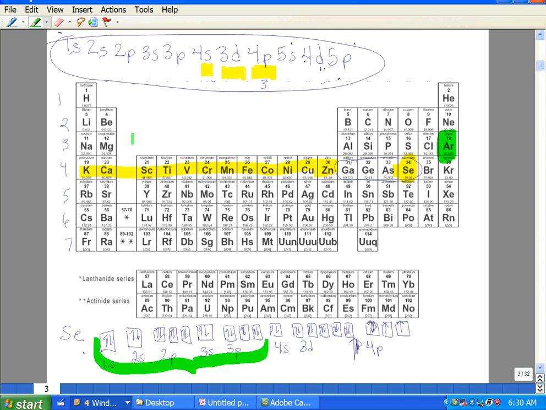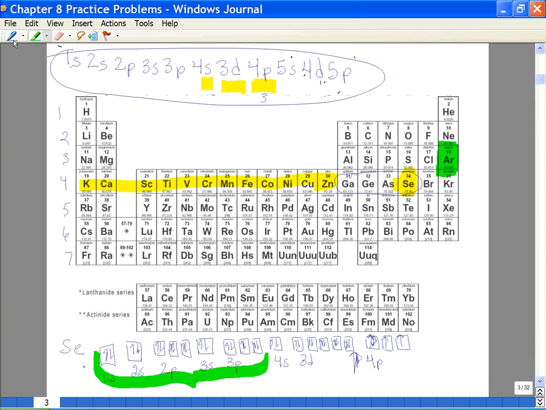So we can just, without having to rewrite all that, say that this configuration that I have here highlighted in green is equivalent to argon. And now we can just write the remaining orbitals here the same exact way.